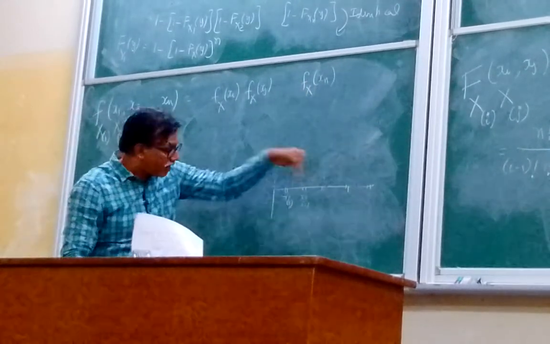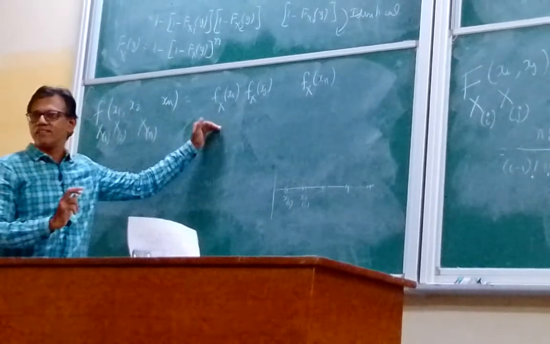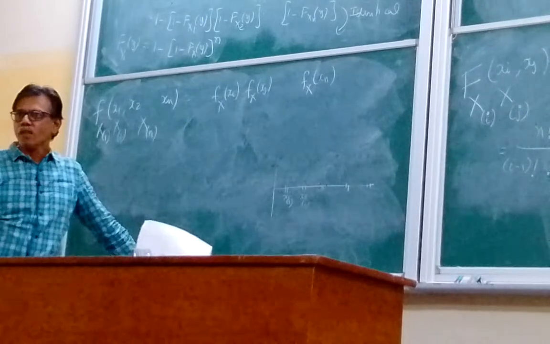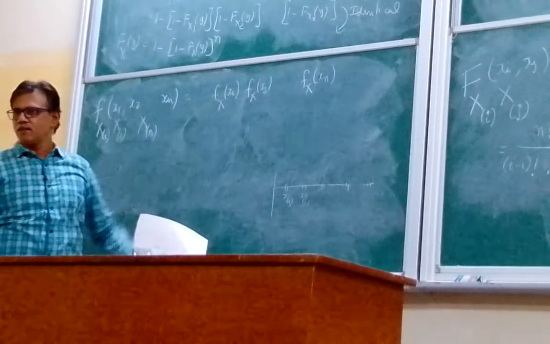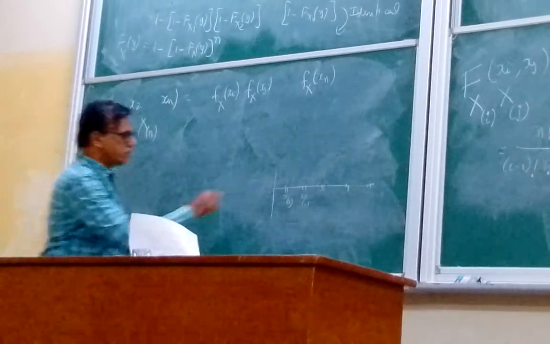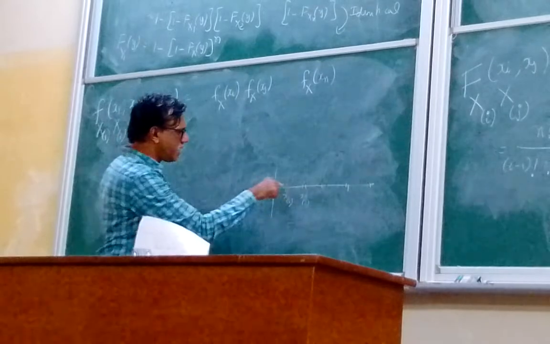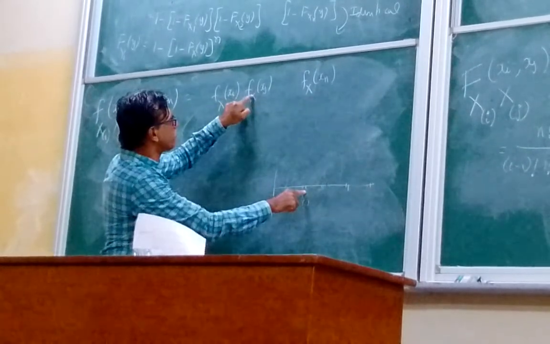But there is something more to it. This is not the right formula. For this to occur, one has to fall here, one has to fall here, and the density of falling is fx at xi, fx of xj and so on.